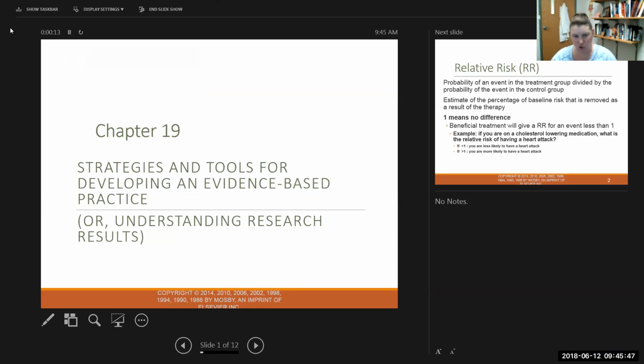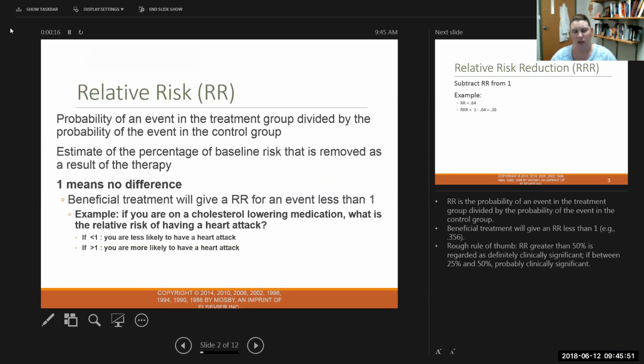So this is trying to understand research results as you're reading them in articles. The first thing that we want to look at with an article is this idea of relative risk, abbreviated RR. Relative risk is where we're looking at the probability of an event in the treatment group divided by the probability of an event in the control group. We want to be looking for a beneficial treatment that will give a relative risk for an event that is less than 1.